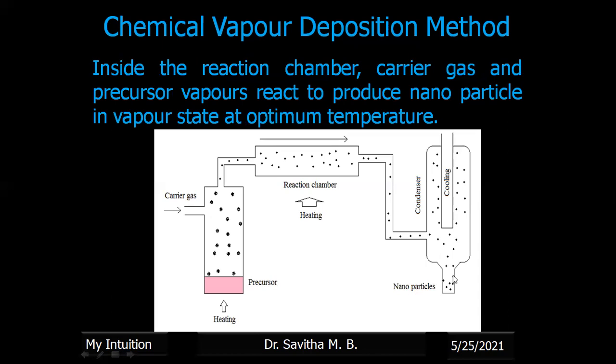In the reaction chamber, the carrier gas and the precursor vapors react to produce the nanoparticle in the vapor state, in the gaseous state, at optimum temperature. All that we have to find out by optimizing through trial and error.